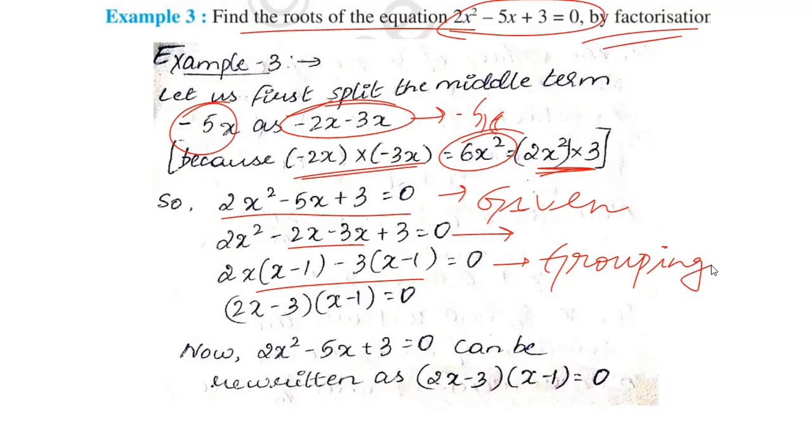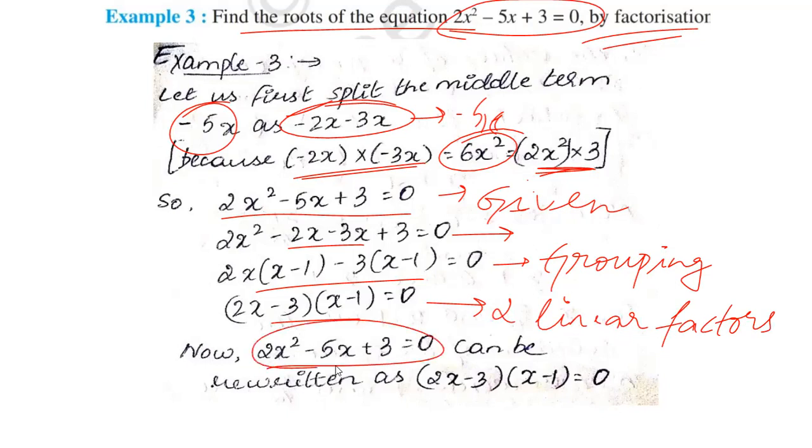Here we have got two linear factors. So these two linear factors, this quadratic equation can also be expressed in terms of these two linear factors. Write down the statement.